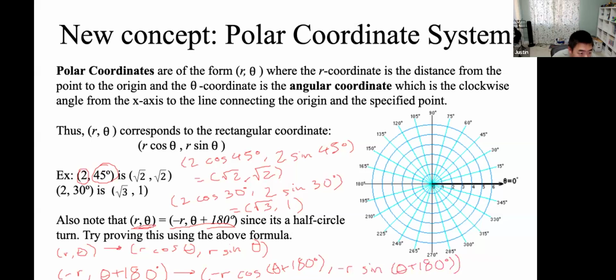And if you recall, this is actually just negative cosine theta, and similar for sine. And if you multiply them, you find that they are actually the same point. So that's why that's true.